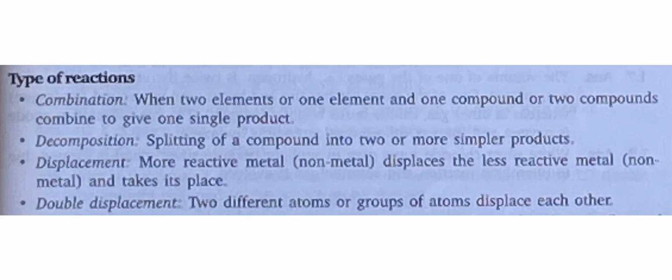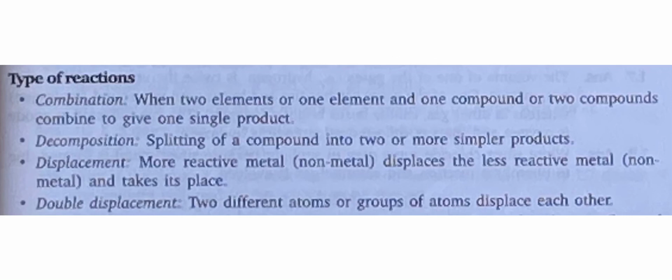Splitting of a compound into two or more simple products is called a decomposition reaction, and we know that decomposition reactions are of three types: photodecomposition, thermal decomposition, and electrolytic decomposition. Next is the displacement reaction. A more reactive metal or non-metal displaces a less reactive metal or non-metal. Such a type of reaction is called a displacement reaction.